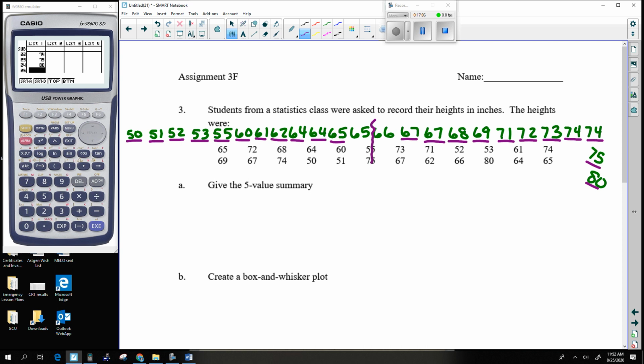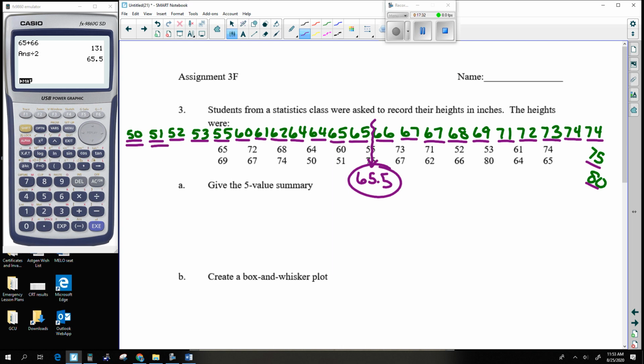And so I see that the median will cut the 65 and the 66. Notice how this is splitting numbers, so the 65 belongs to the low, and the 66 belongs to the high. I find the medians of those two specific sides, the low and the high.